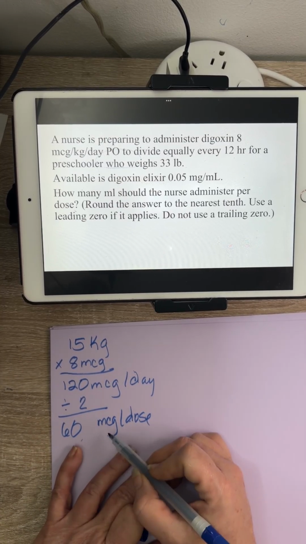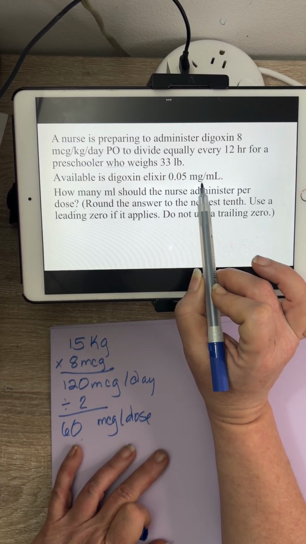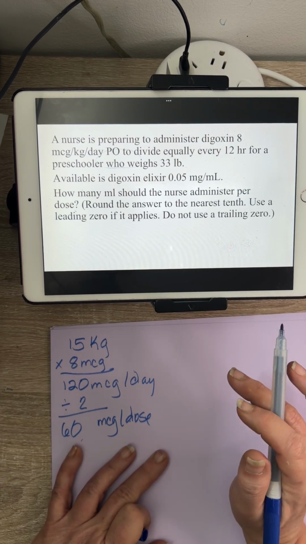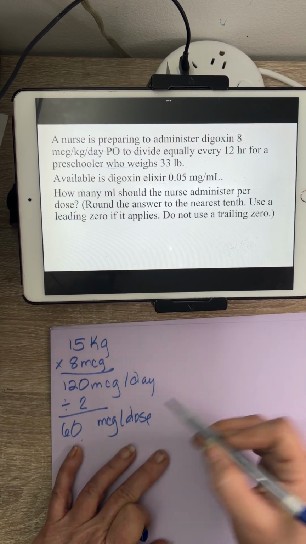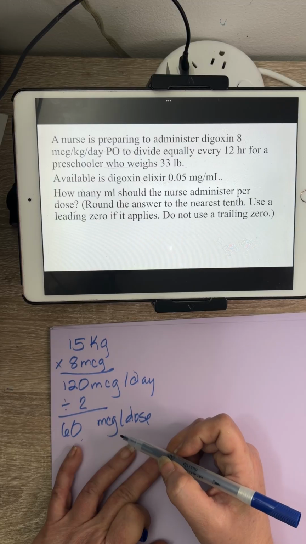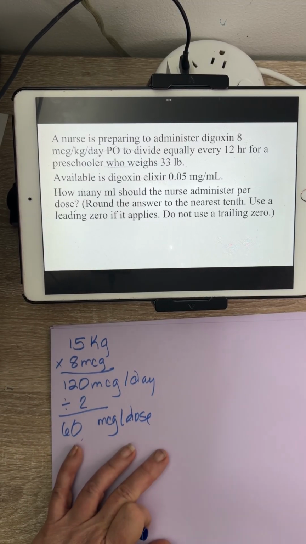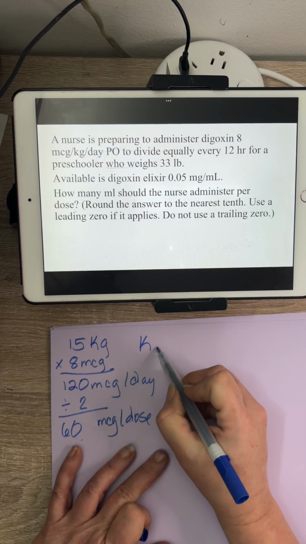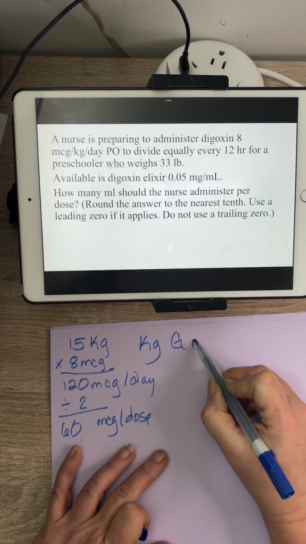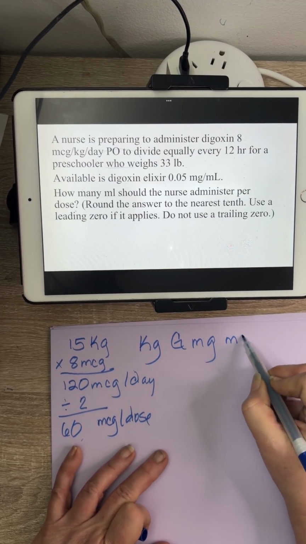So we have 60 micrograms, but what we have in our hand is milligrams, so we got to convert something. I always like to get rid of the decimal because the decimal will kill somebody. Milligrams and micrograms.